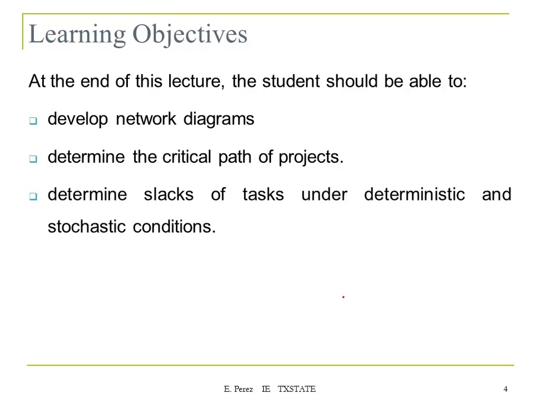You're saying the demand for next week is going to be 100, and that's not going to change. That's a deterministic parameter. But when you talk about stochastic conditions, you're saying it could be 100, it could be 200, 150. So you don't know with certainty what the value of that demand is going to be next week. So you're going to have some uncertainty involved in the parameter, and that's what makes the parameter stochastic.